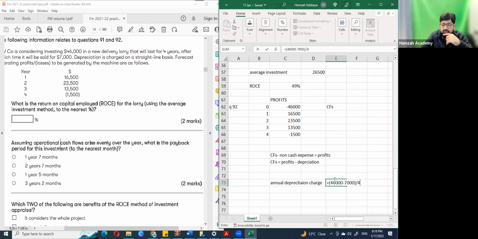Straight line depreciation is calculated like this: 9,750. Now, you see here, if we come here, depreciation is 9,700.